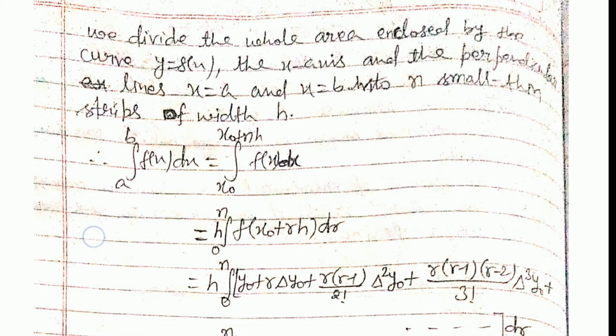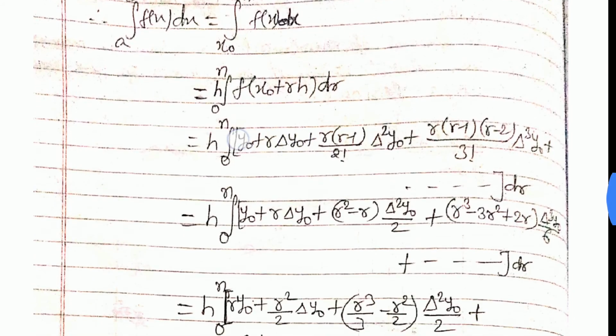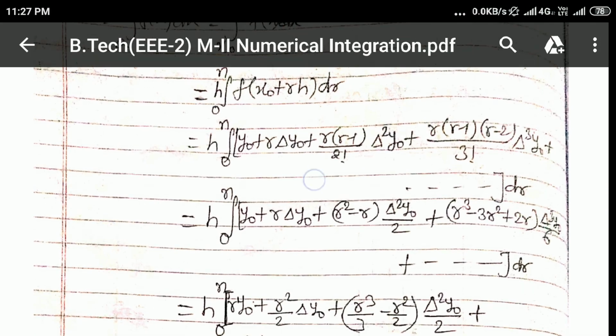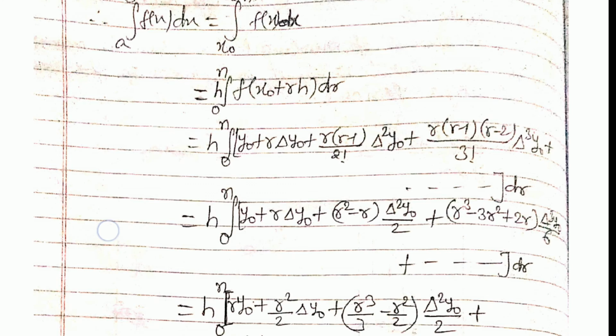When x is equal to x naught, the limit changes to 0, and when the upper limit is x naught plus nh, the upper limit changes to n. Similarly we apply this process and find f of x naught plus rh.